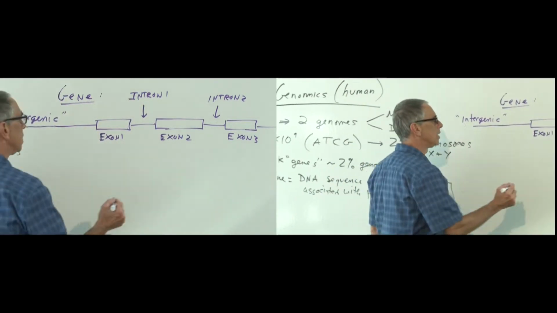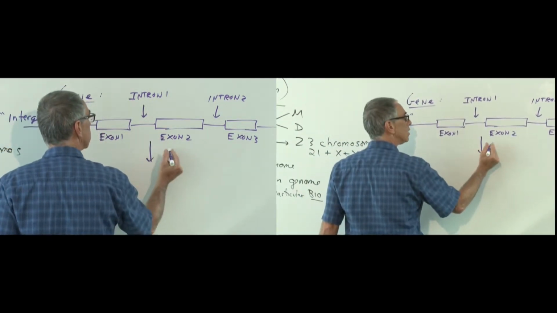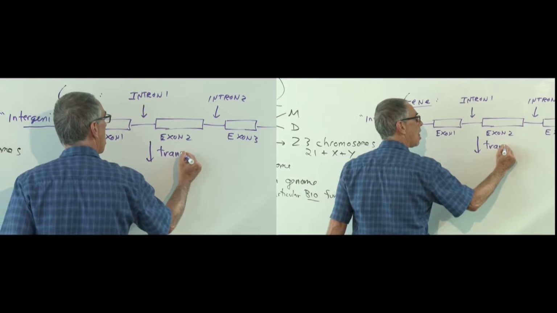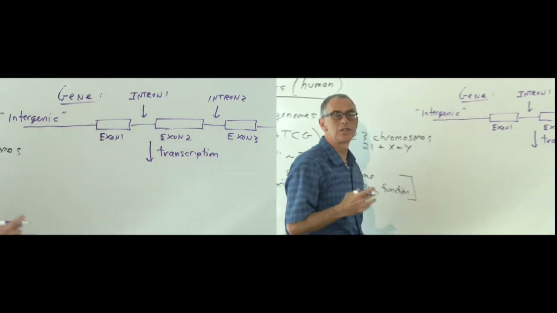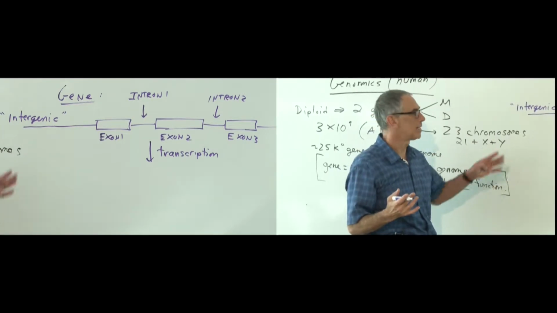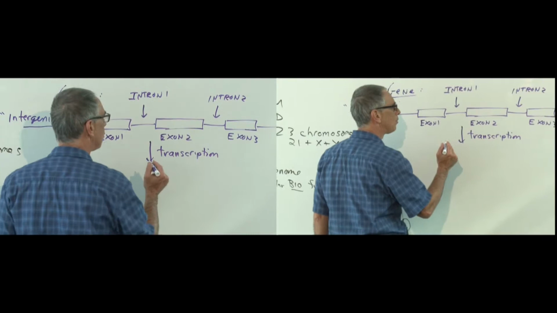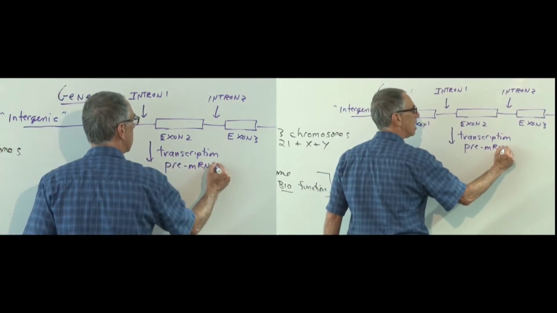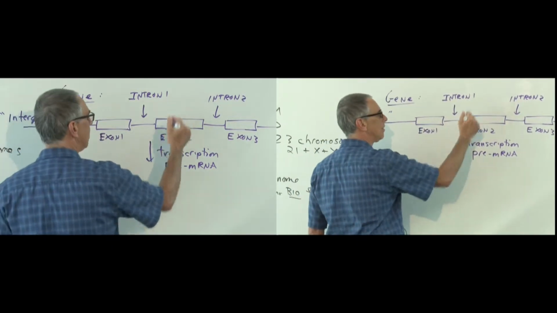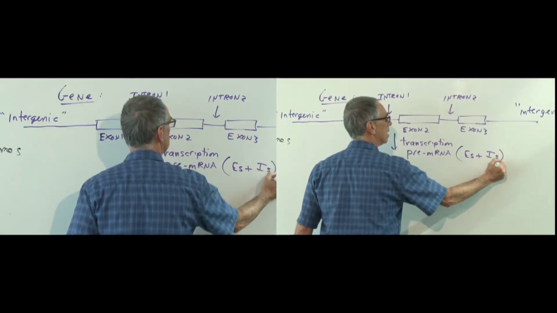Now what happens, this is just a review of your biology, is there is transcription by which messenger RNA is a copy of the genome, and there's actually a pre-message, called pre-mRNA, that includes the exons and the introns. So that's E's plus I's.